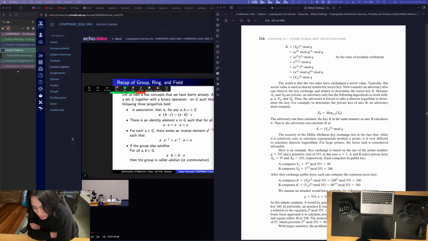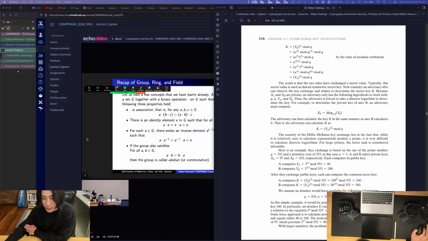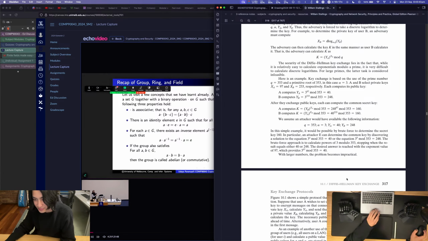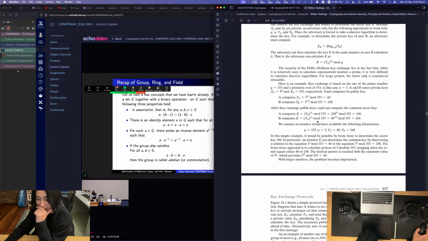USA government law requires government cryptography to be upgraded by 2030. Okay. I didn't know that. Fair enough. Anyway, back to learning about discrete logarithms.